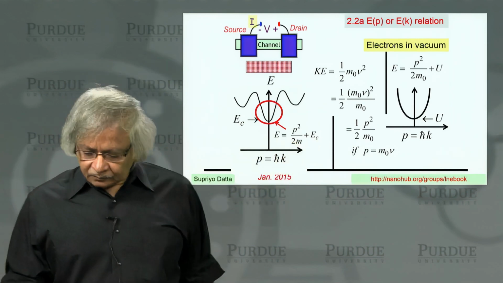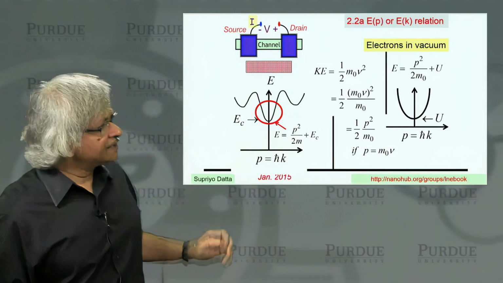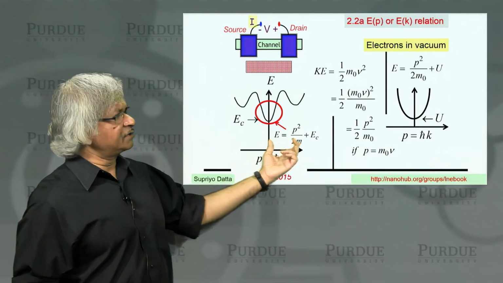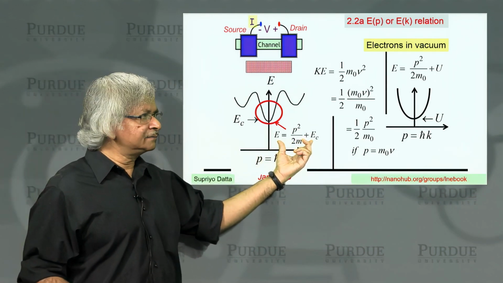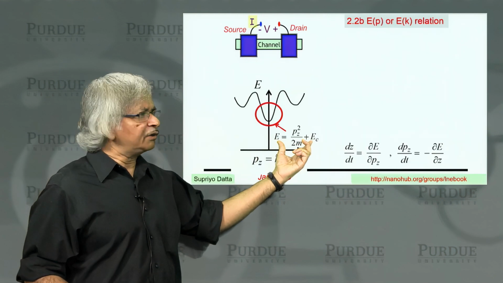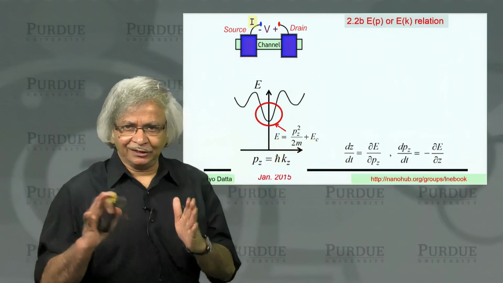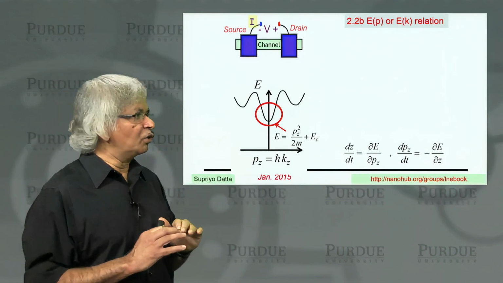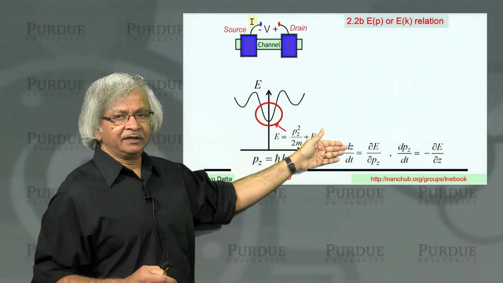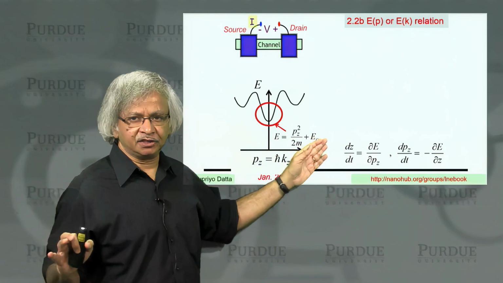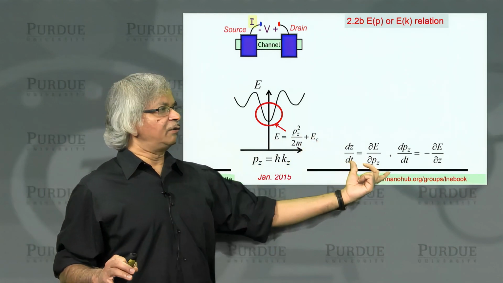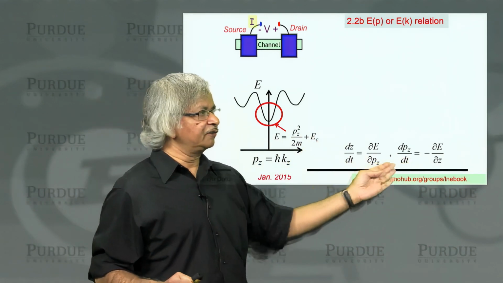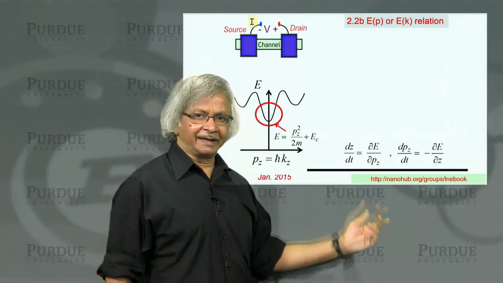Now, the point I want to make though is that as long as you have what you call parabolic bands, it is okay to say P equals mv, like you're used to. On the other hand, the more general relation that will work, irrespective of the shape of the energy momentum relation, is what I've written here. These would be the general form of the laws of mechanics.